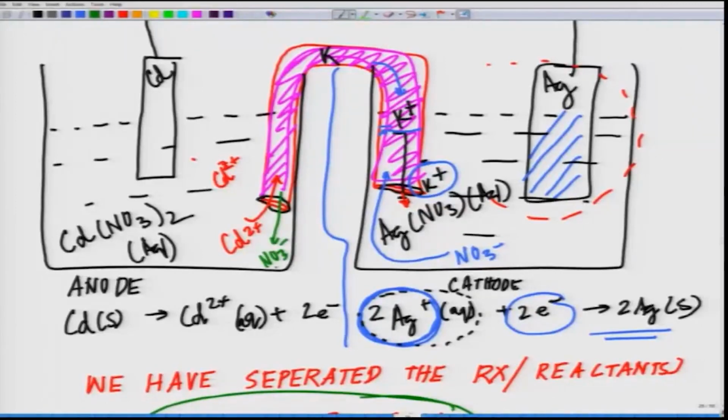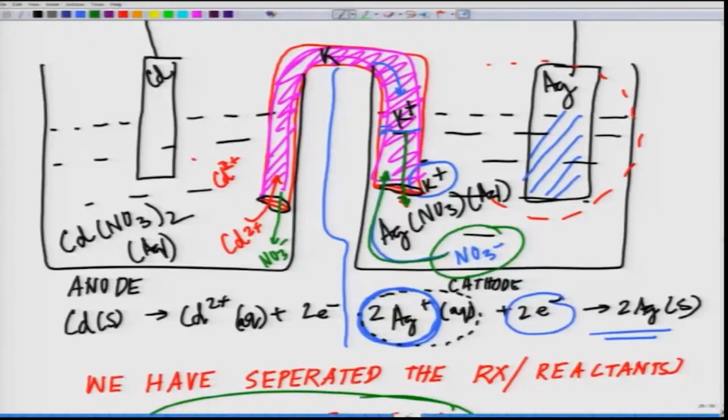So, on the cathode chamber, the negatively charged ions have a small amount of migration which took place into the salt bridge, whereas positively charged ions from the salt bridge, potassium ions, slightly migrated to the cathode side.